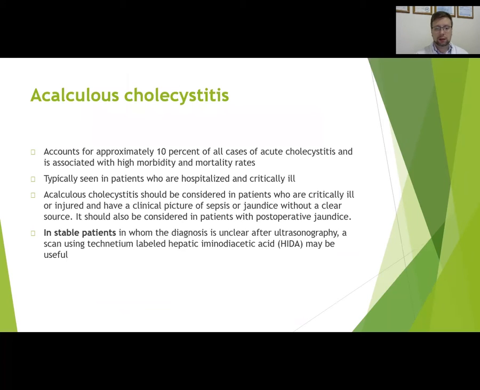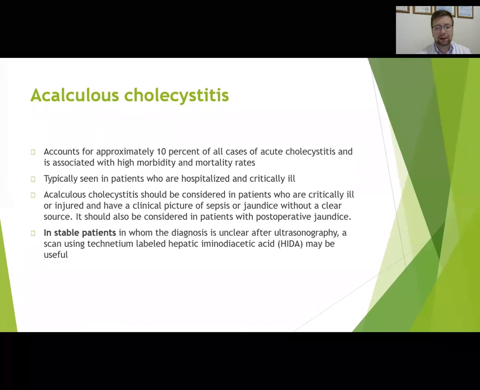Acalculous cholecystitis accounts for approximately 10% of all cases of acute cholecystitis and is associated with high morbidity and mortality rates. It is typically seen in patients who are hospitalized and critically ill. Acalculous cholecystitis should be considered in patients who are critically ill or injured and have a clinical picture of sepsis or jaundice without a clear source.